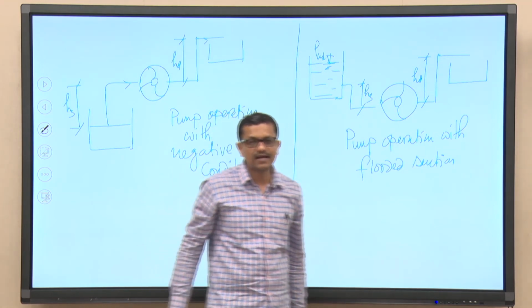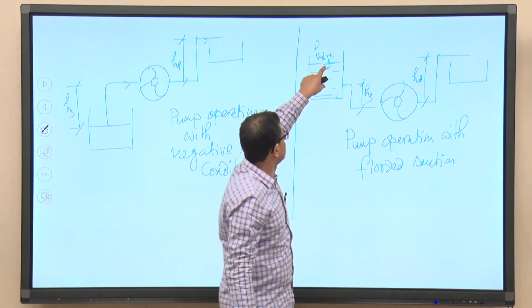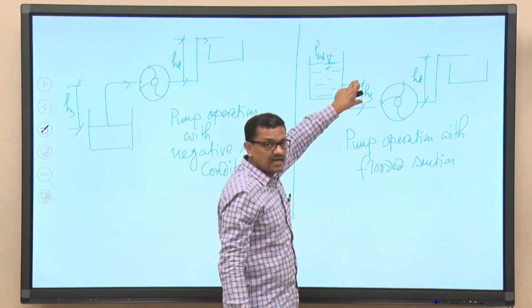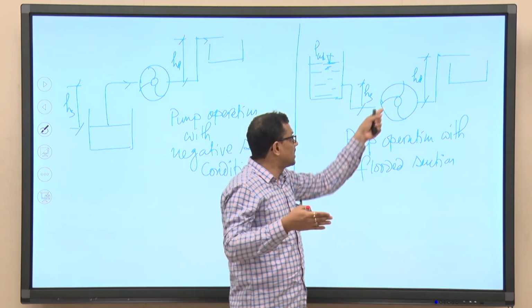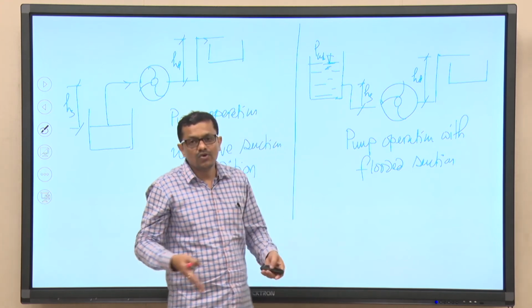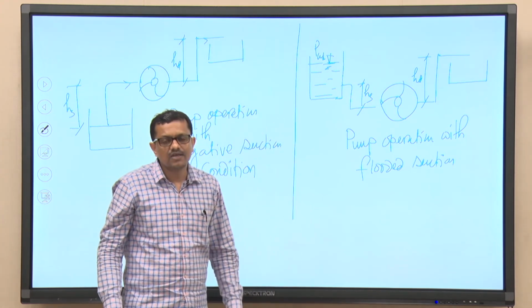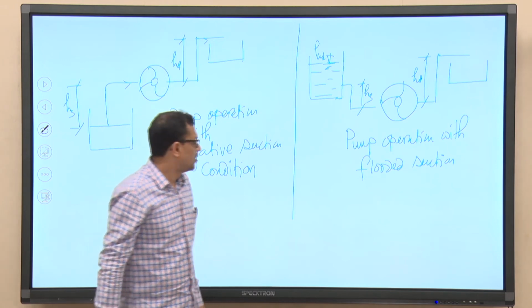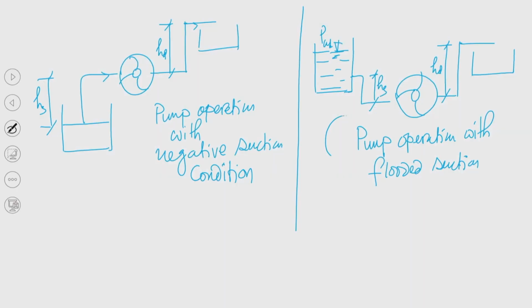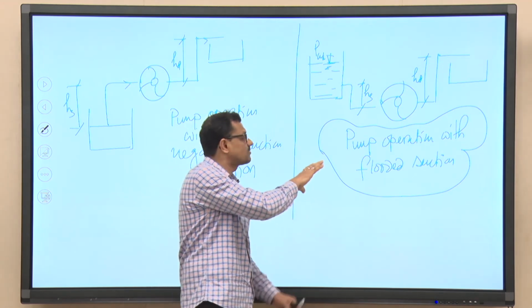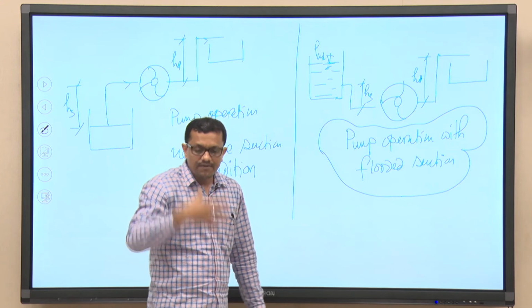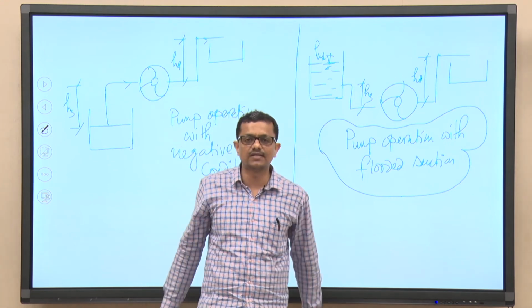If it is always flooded, definitely the head due to P atmospheric plus this static head will not allow local pressure at the inlet to the impeller to go below the vapor pressure at the prevailing temperature. So, the pump cavitation can be avoided. Okay. So, this is very important from the pumping station design point of view. From the perspective of pumping station design, someone should always go with this kind of arrangement, that is known as flooded suction. So, the bad effects due to cavitation can be avoided.